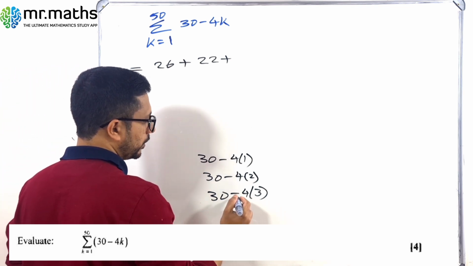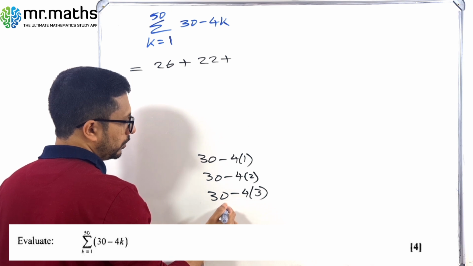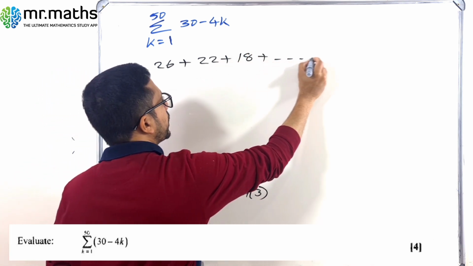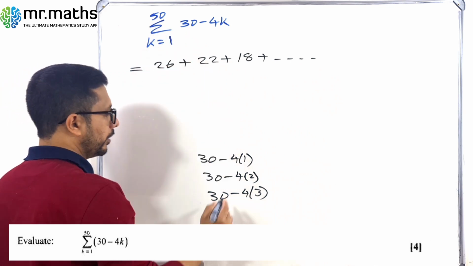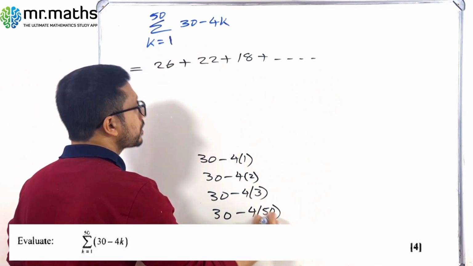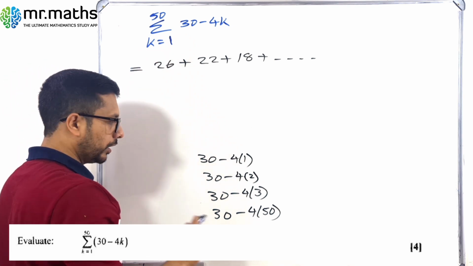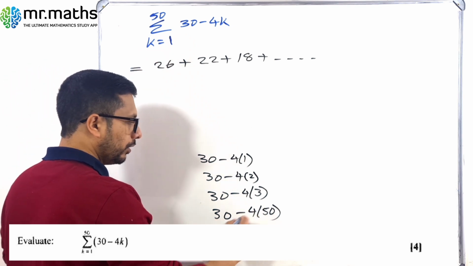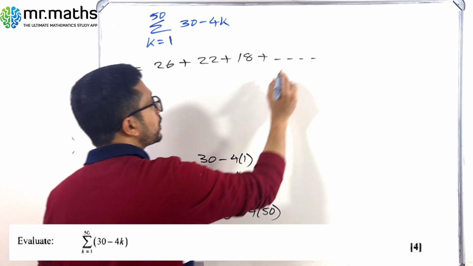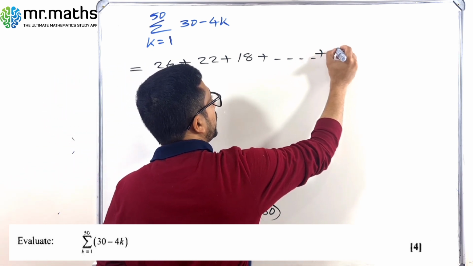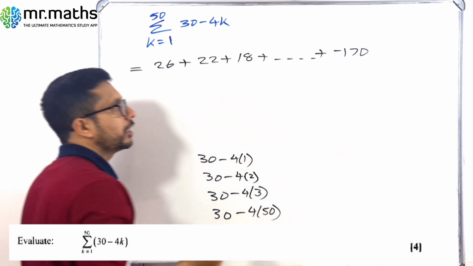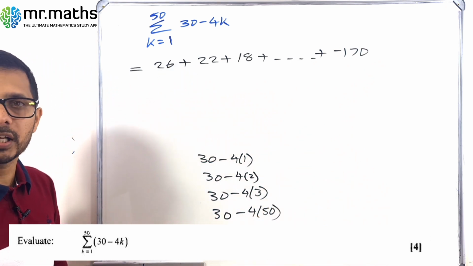Check in your calculator. 18 plus, etc. And what is the last term? 30 minus 4 into the last term, which is 50. So 30 minus 4 into 50, that is 200. 30 minus 200 is minus 170. So the last term is minus 170.